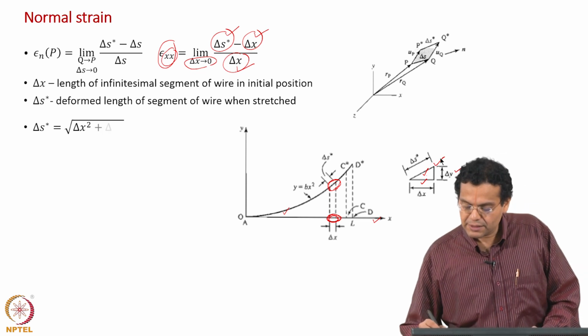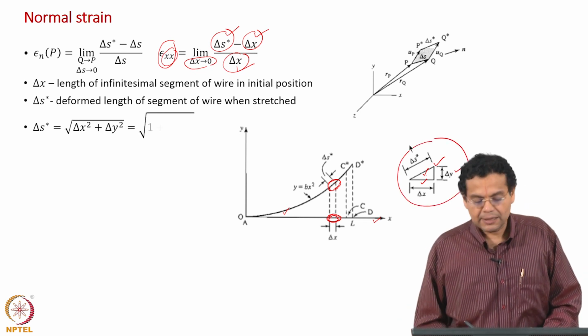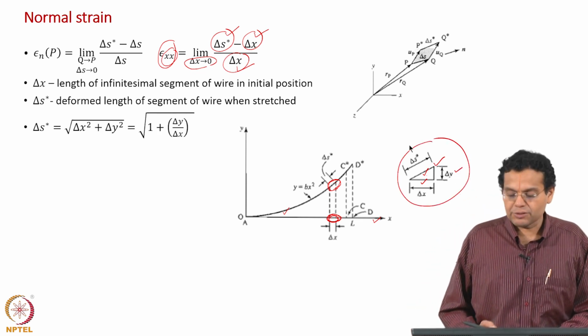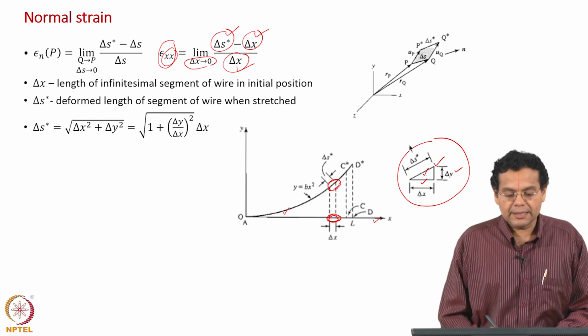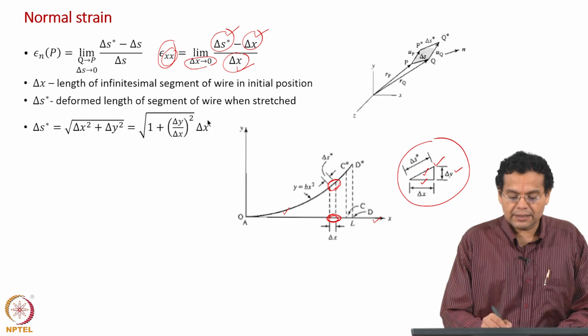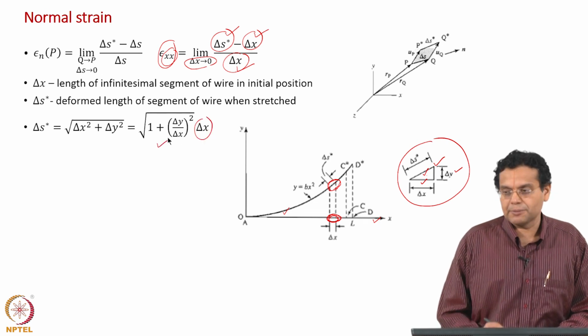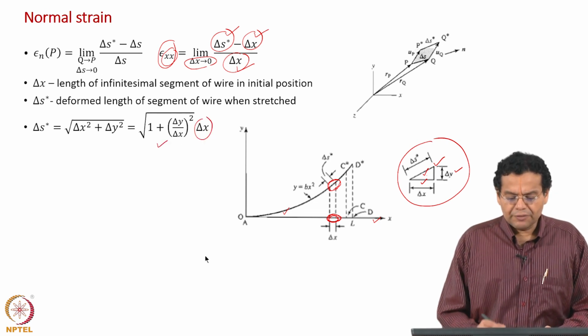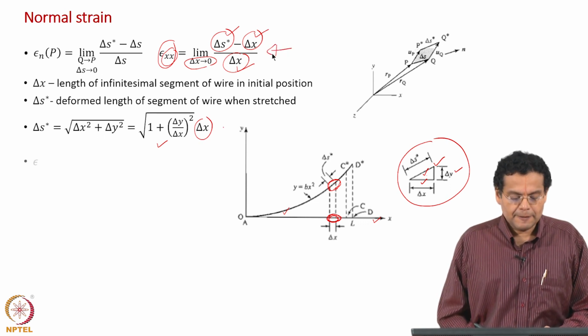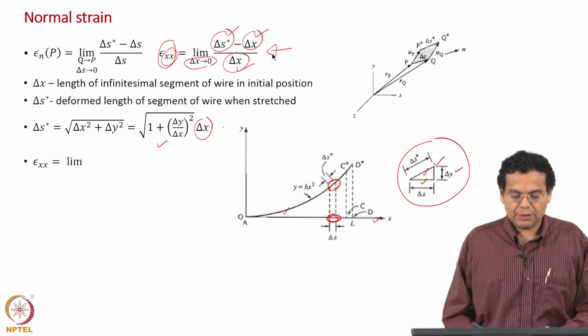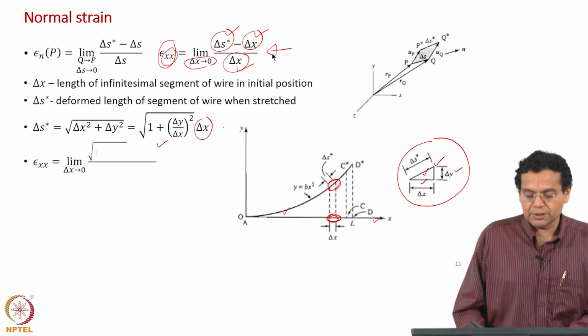Okay. So, from this figure we can write delta s star as square root of delta x squared plus delta y squared. Let us divide by delta x squared and take out delta x, and we get this expression. Now, we substitute this expression in this definition of normal strain, epsilon xx is equal to limit delta x tending to 0.